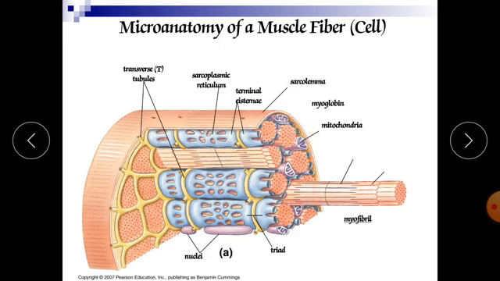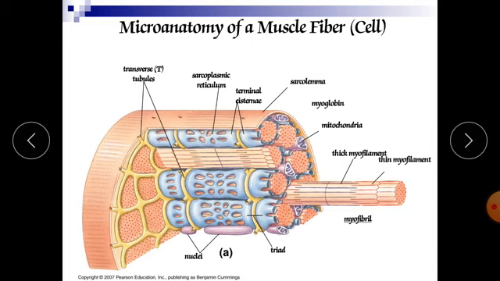It is a myofibril, this one. This is the thick filament and this is the thin filament. If you see this myofibril, these are the structures at high magnification.